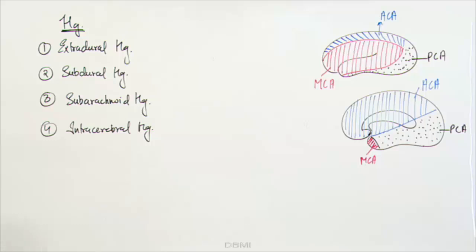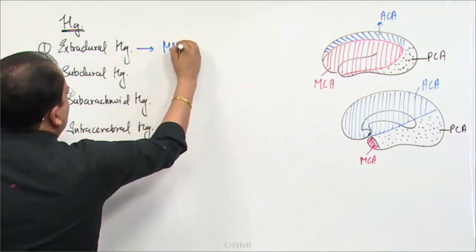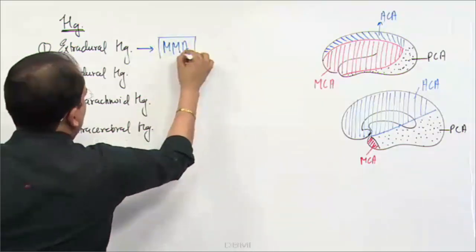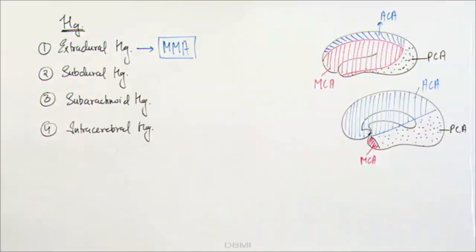What blood vessels are involved in these cases, guys? Extradural hemorrhage: the blood vessel usually involved is the middle meningeal artery, especially the anterior division of the middle meningeal artery at the region of Pterion. So usually it's the middle meningeal artery or its anterior division.